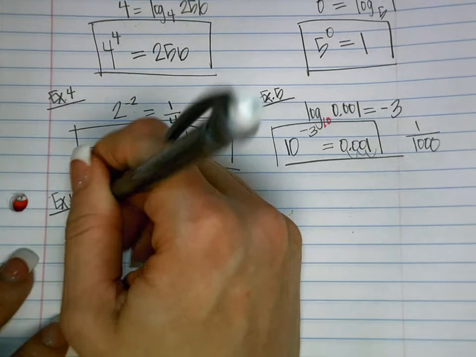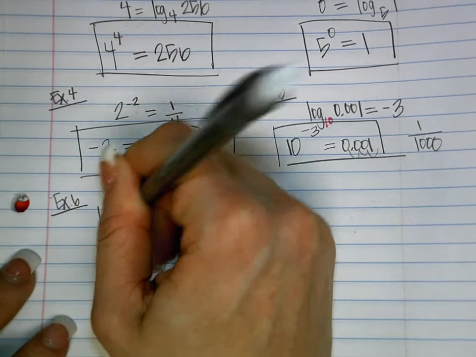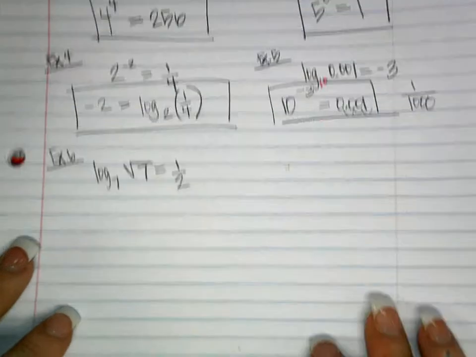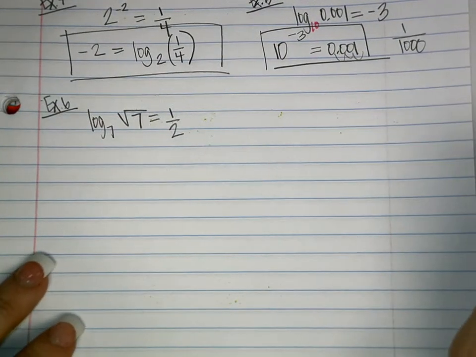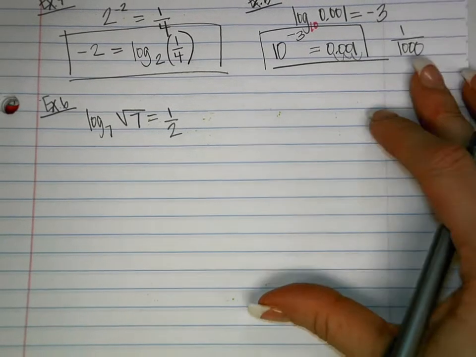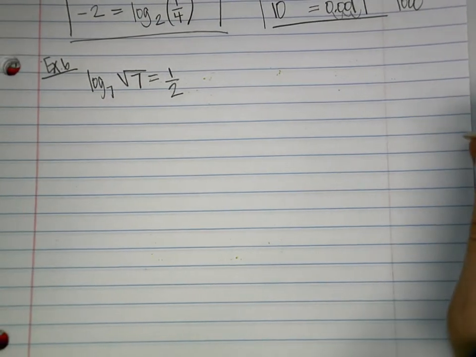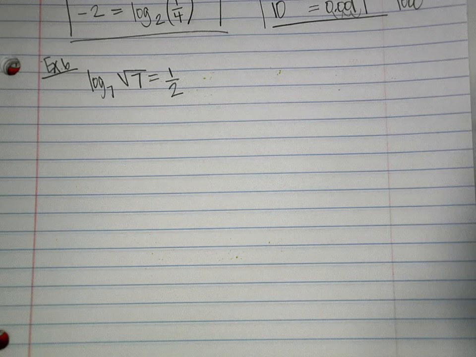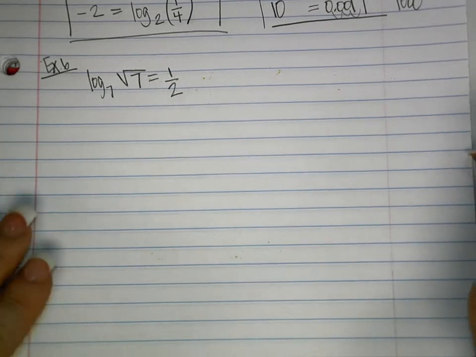Number 6. Log base 7 of root 7 equals 1/2. So if I want to write this in exponential form, can someone read this to me?